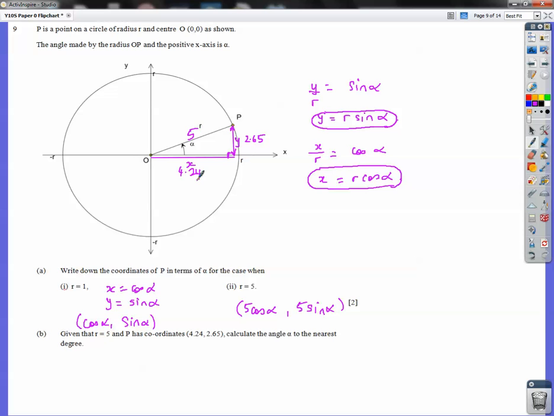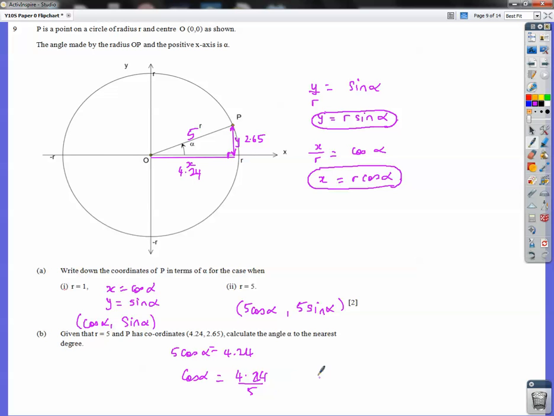If I'm going to use 4.24, that is the x-coordinate, so 5 cos alpha is 4.24, or cos alpha is 4.24 over 5.